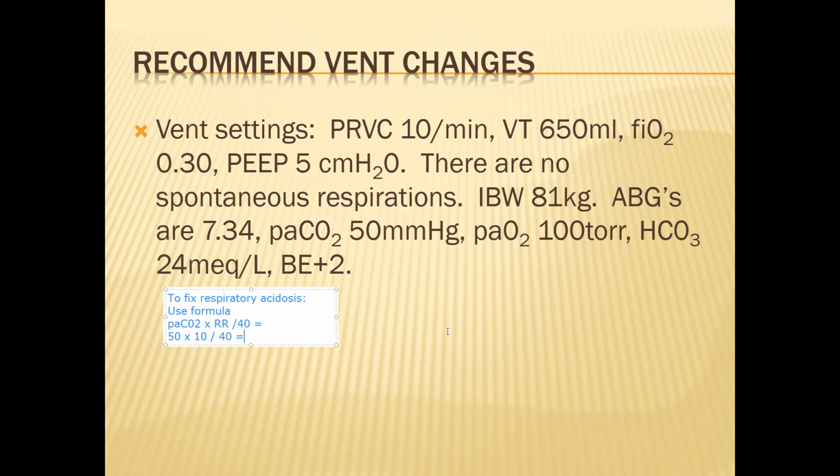So it's the current CO2 times the current respiratory rate, and then you divide by your desired CO2, which is typically 40. I'm sure we could complicate matters and do this with a CO2 retainer, and then we would divide by whatever their normal CO2 is. But I'm not going to do that to you on the exam, but you could do that clinically. And then it came to 12 breaths per minute.